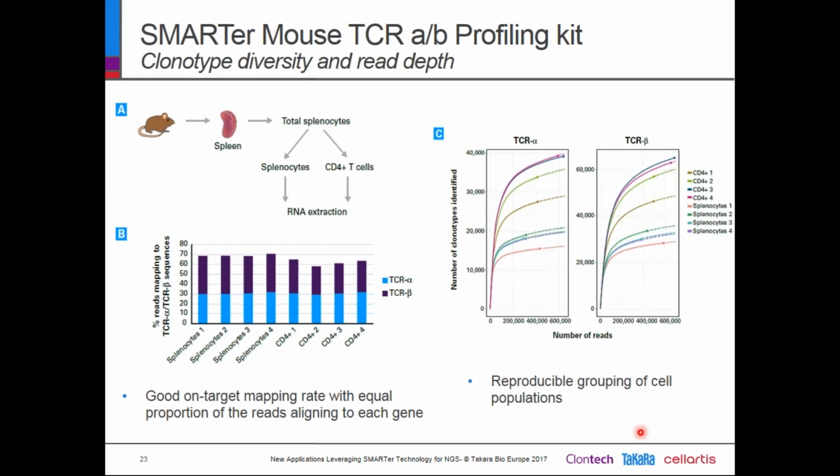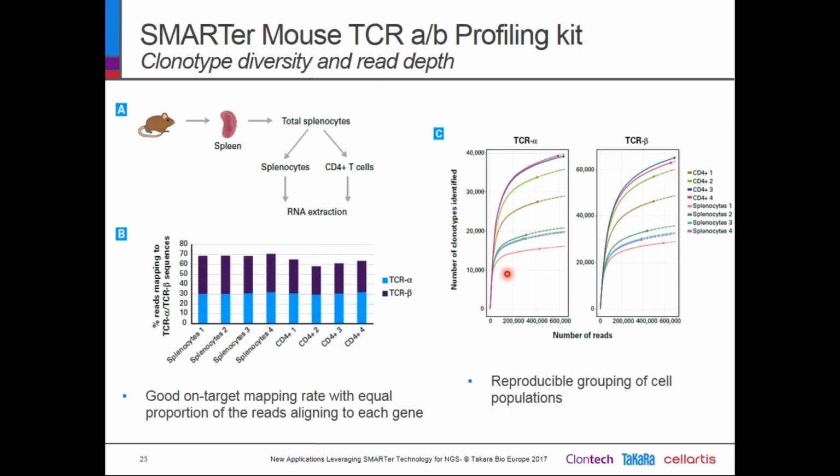In this experiment, which was done by collaborators, they wanted to know what depth of sequencing was required to identify most of the clonotypes. What they found is that it depends on the sample.